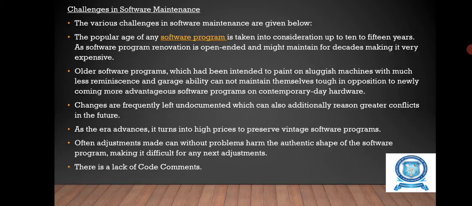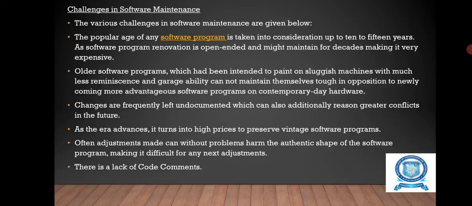Challenges in software maintenance. The various challenges in software maintenance are given below. The popular age of any software program is taken to be 10 to 15 years. As software maintenance is open-ended and might continue for decades, it becomes very expensive.